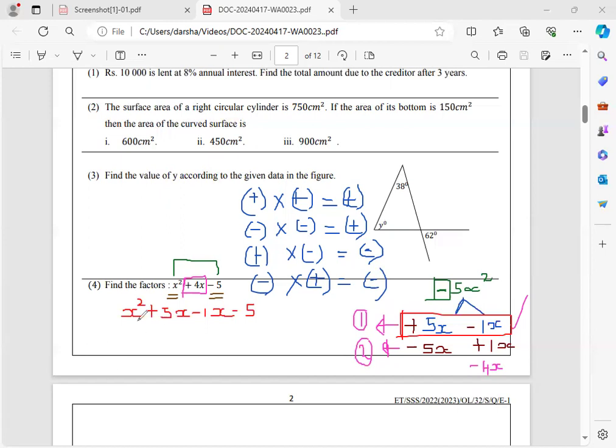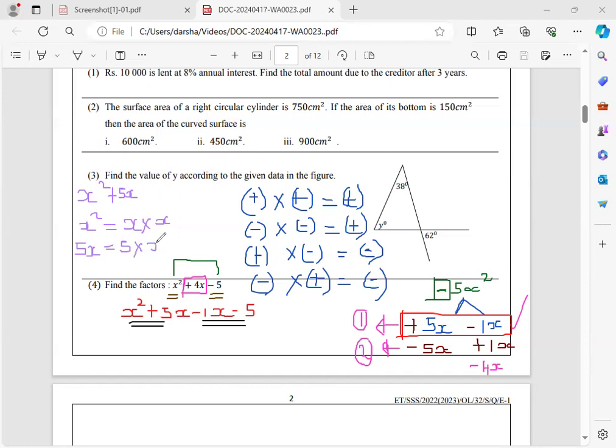Then, after writing that down, you have to take common factors. Consider these two terms and consider these two terms. If you consider these two terms, x squared plus 5x, what is common? x squared you can make as x into x, and 5x you can make as 5 into x.